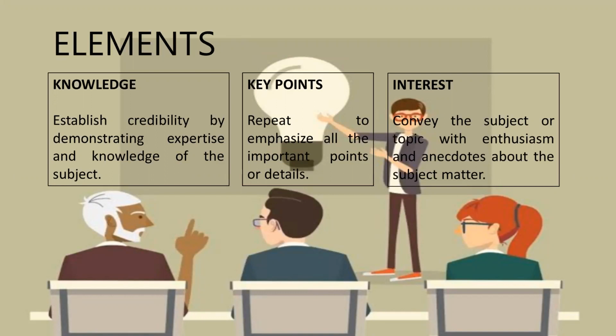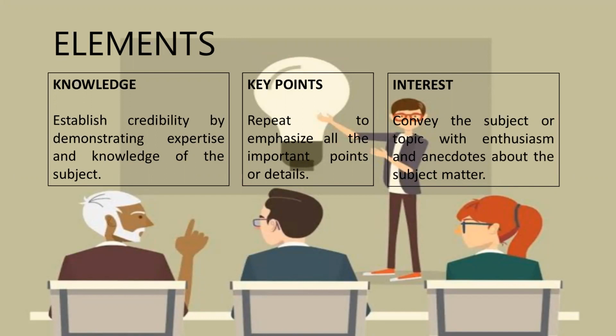Key points: repeat to emphasize all the important points or details. So at some point in the delivery of informative speech, they give the key points that should be retained by the listener, or the one who listens to or views the discussion.